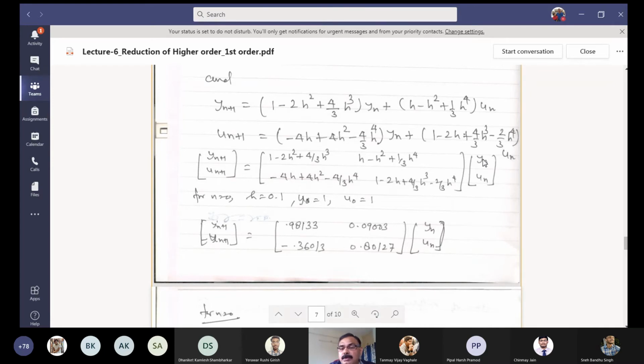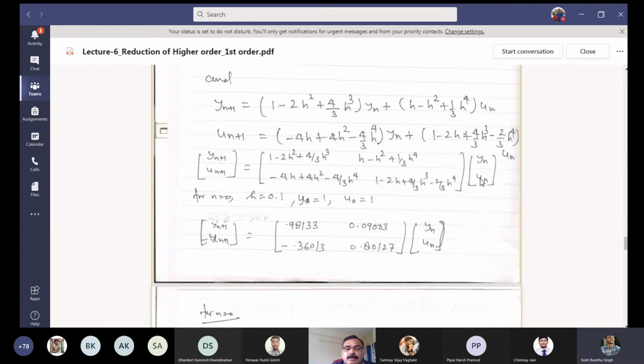Here the vector is yn, un. Then you see the coefficient of yn is this in the first equation. So yn plus 1 equals this quantity into yn, this quantity into un, and then for the second equation un plus 1, this quantity into yn and this quantity into un, right? Is that clear?